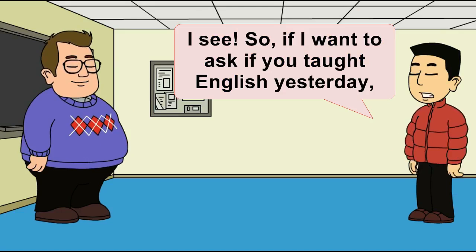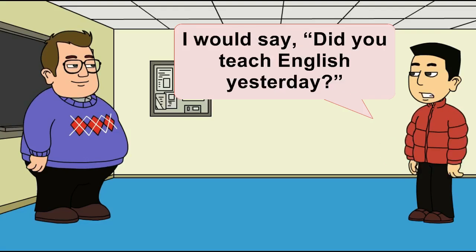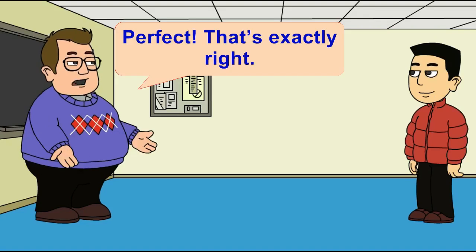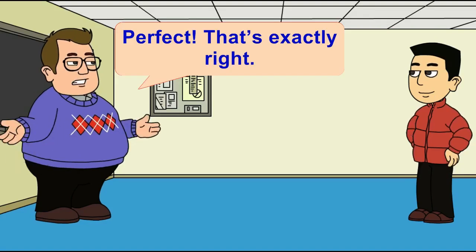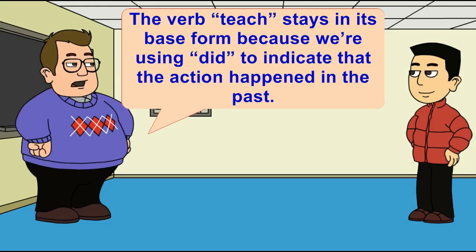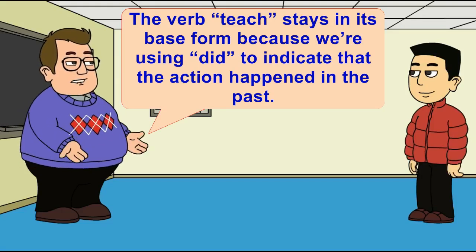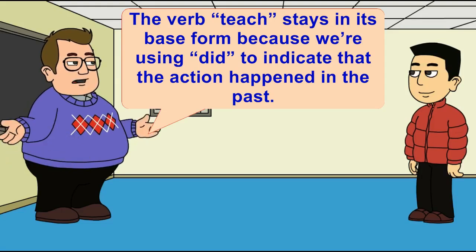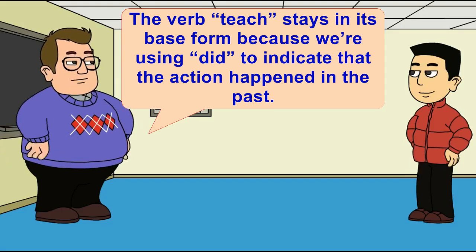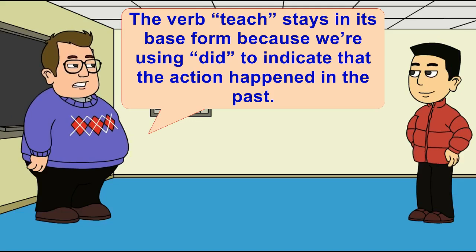So, if I want to ask if you taught English yesterday, I would say, did you teach English yesterday? Perfect. That's exactly right. The verb teach stays in its base form because we're using did to indicate that the action happened in the past.